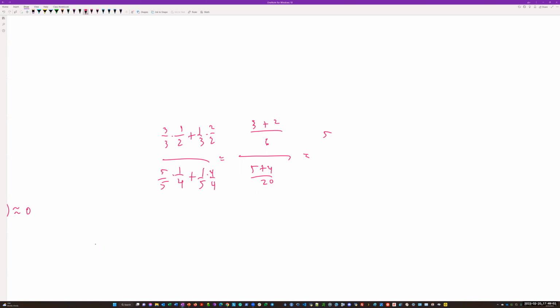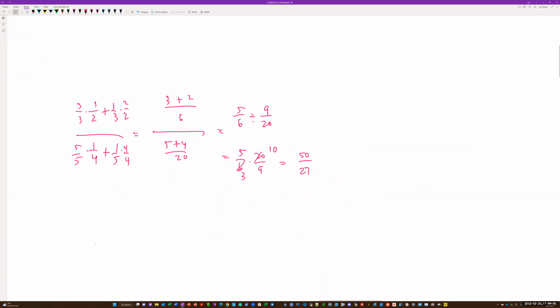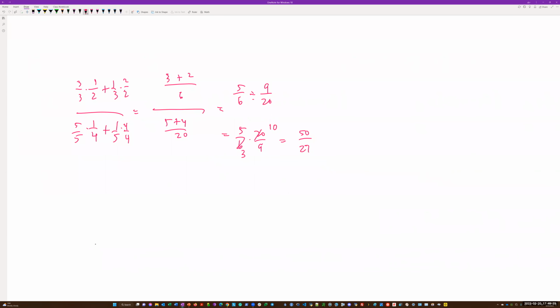Then this is 5 over 6 divided by 9 over 20. This is this, because you have to flip over the second one. Then we should be able to cancel some stuff here. 6 is what? 3, and this is 10. So I guess we get 50 over 27. Does that make sense? Cancel 2 here and here. 2 goes into both of them.